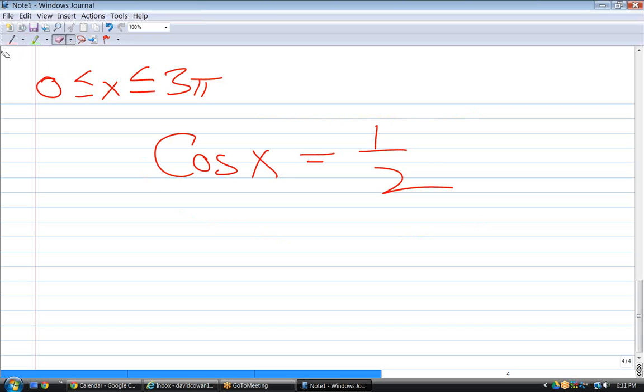How do I solve for x? By definition, what is x equal to? Forget the domain. Just look at cosine x equals 1/2. By definition, what does that mean? X equals the inverse cosine of 1/2.